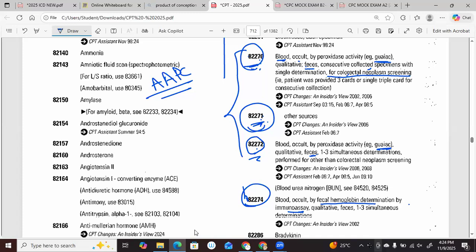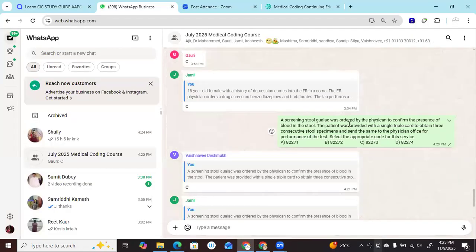Ma'am, it was mentioned in the question that the patient was provided with a single triple card. That's why I chose option C. But that is not the only factor for choosing 82270. Your answer is correct. Everyone's answer is correct.